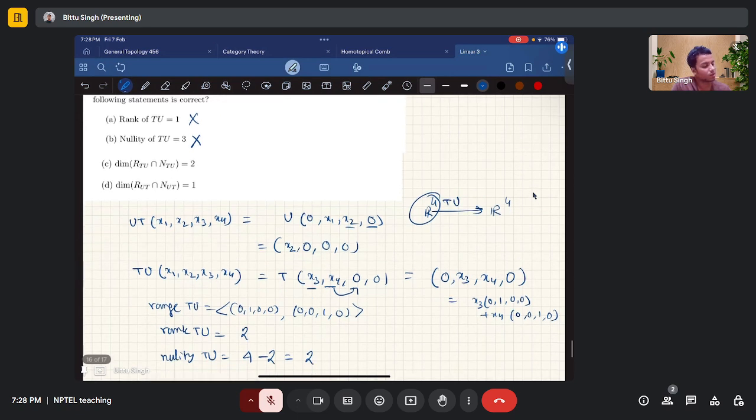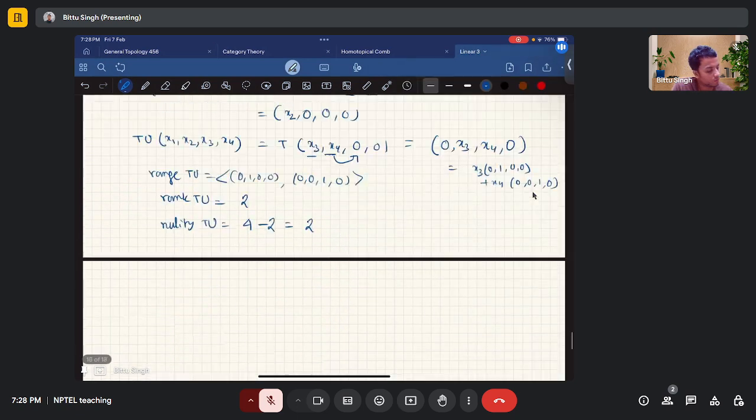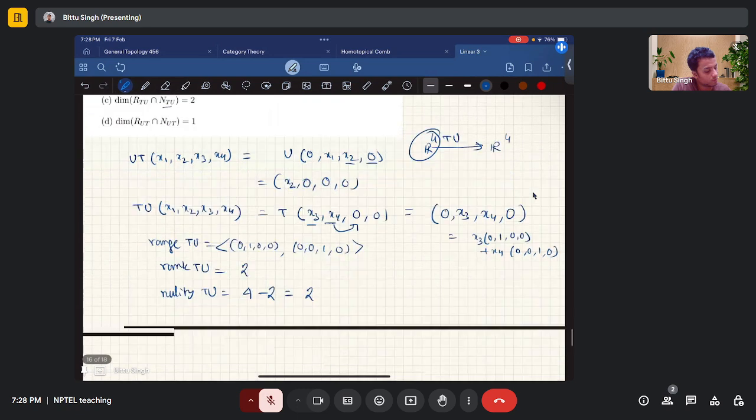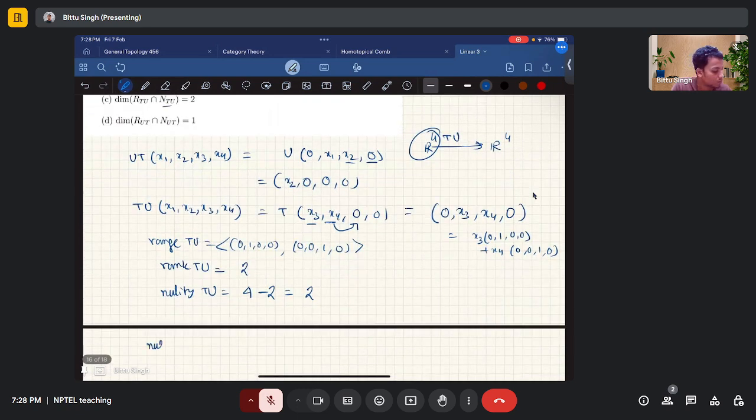Now option C, what about option C and D? So range of TU, we have already found, but null space of TU, we need to find the null space of TU. So suppose x1, x2, x3, x4 belongs to the null space of TU.